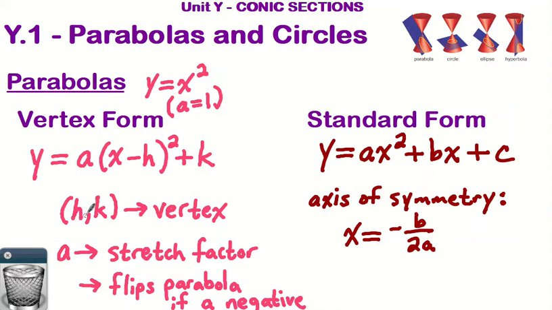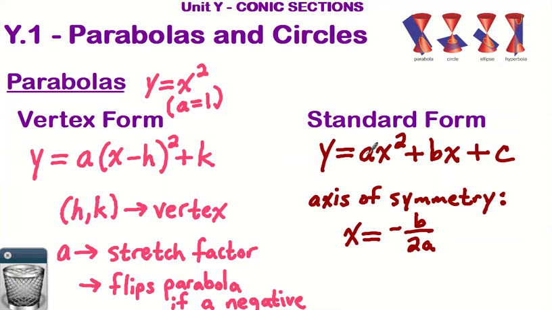If your vertex ends up being 3, negative 5, which you get very quickly from the equation, wouldn't that just make the axis of symmetry x equals 3? It's going right through the vertex. So here you don't need a formula.